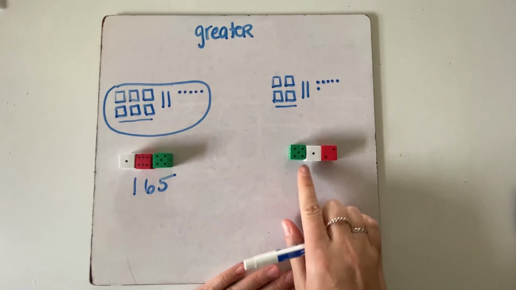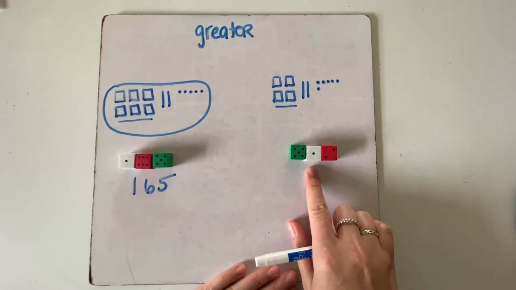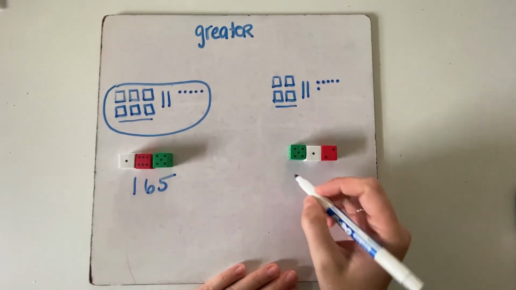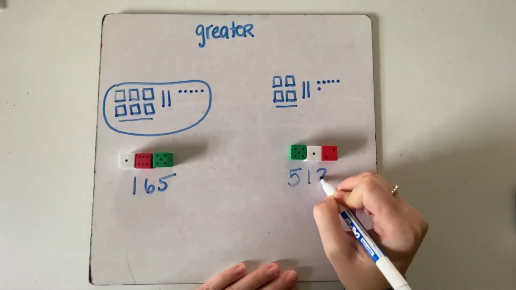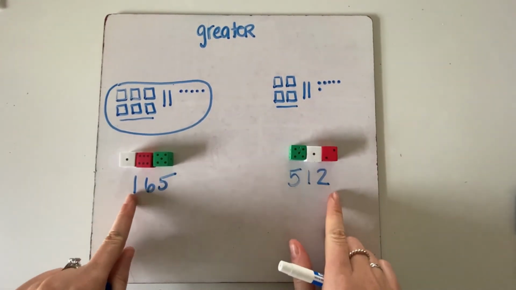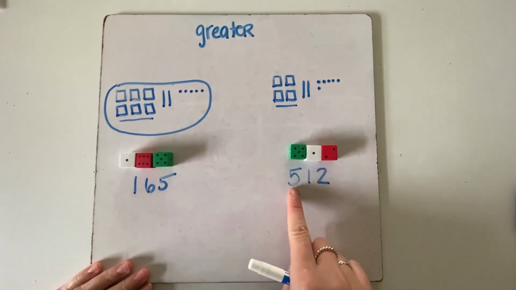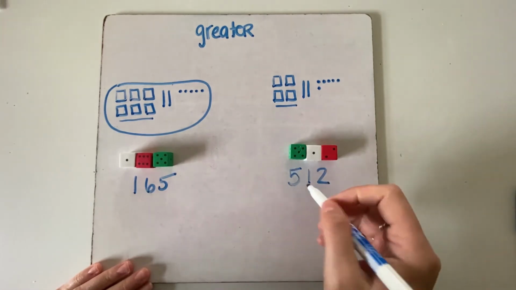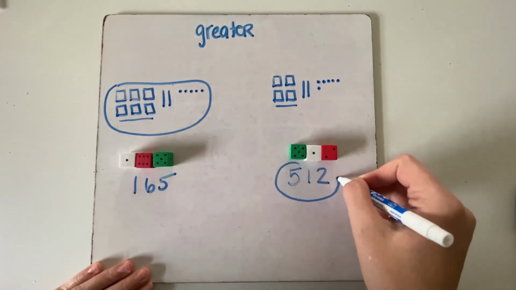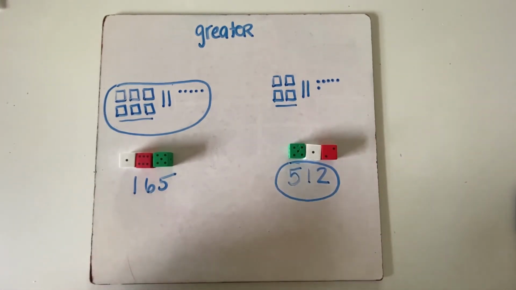And player 2 has 5 in the hundreds, 1 in the tens, and 2 in the ones, creating the number 512. So knowing their place value, seeing that there are more in the hundreds for player 2 than player 1, player 2 could win that round.